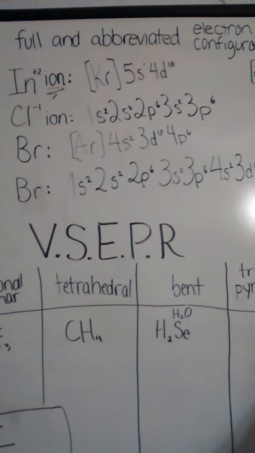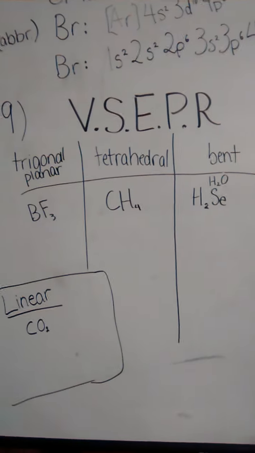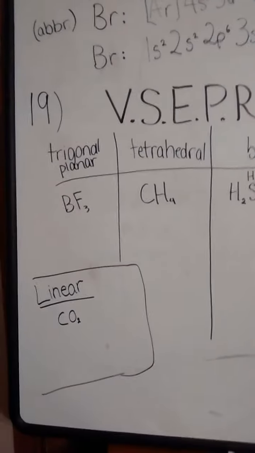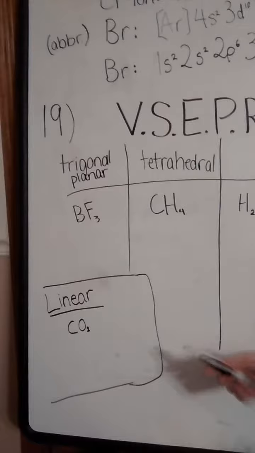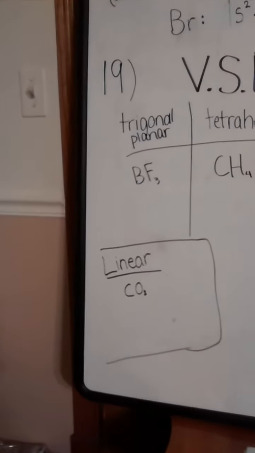And then objective 19 says draw geometries using VSEPR, valence shell electron pair repulsion. And there's 5 different types, so I'll just draw them out for you. Linear, I think, is the easiest. Sorry, I forgot it needed space.